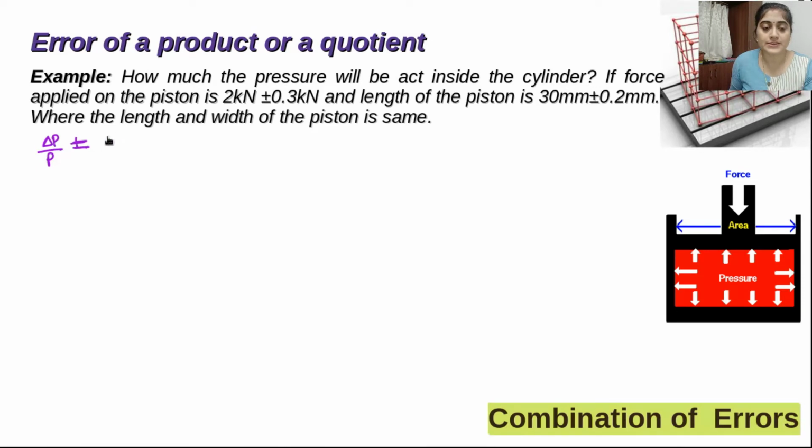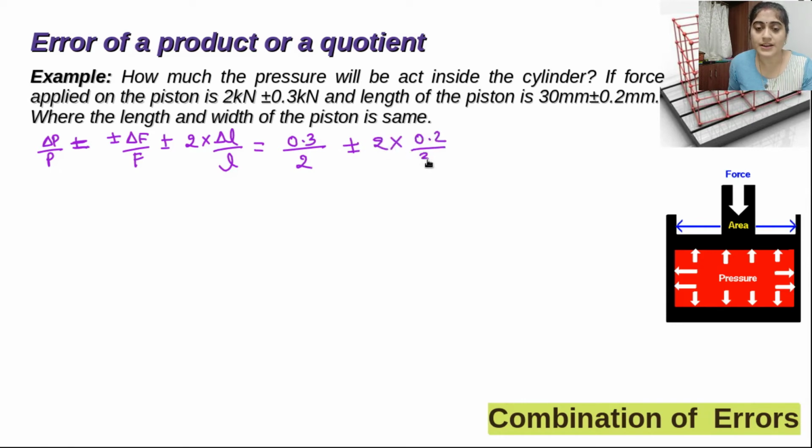Delta P by P is plus minus delta F by F plus minus 2 times delta L by L, that you know. So what is delta F? That is 0.3 divided by 2, plus minus 2 into 0.2 by 30. So this will equal 0.15 plus minus 0.013.